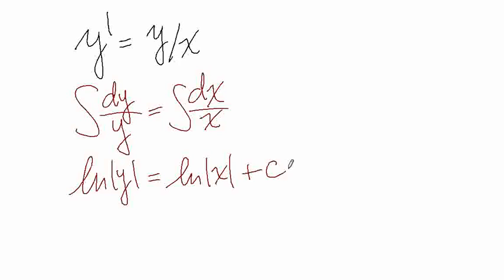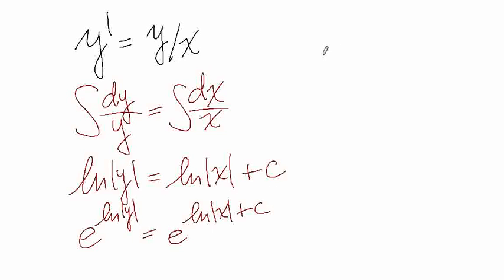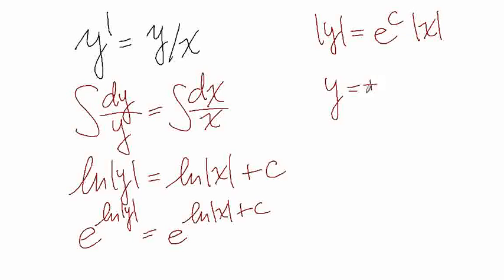Now I will make both sides be the exponents of e. So the left side simplifies to the absolute value of y. The right side simplifies to e to the c times the absolute value of x. And that's equal to the following equation. y is equal to plus or minus e to the c times the absolute value of x.